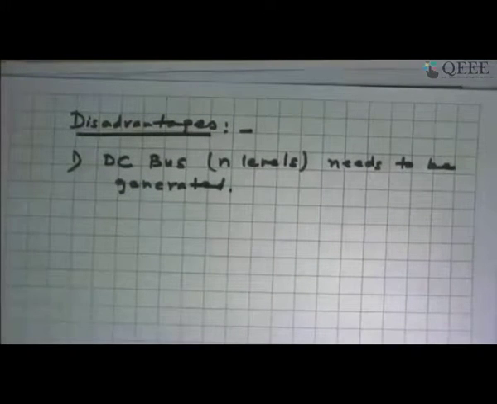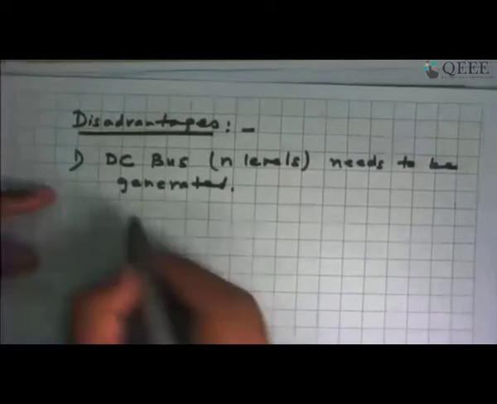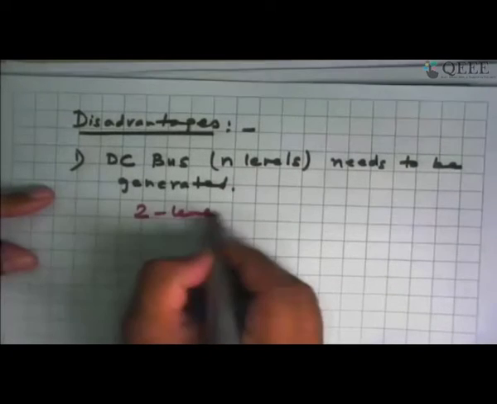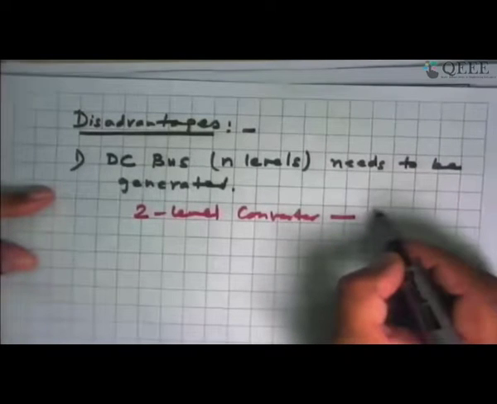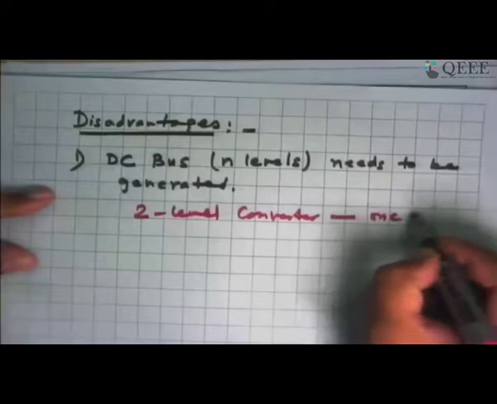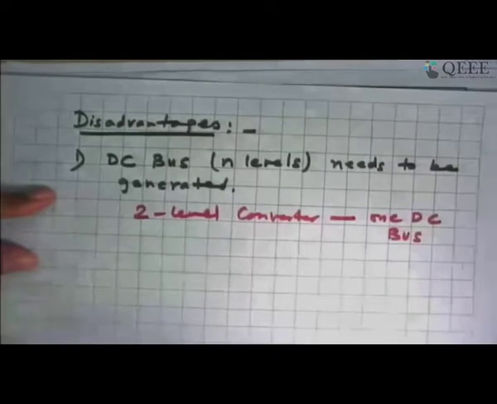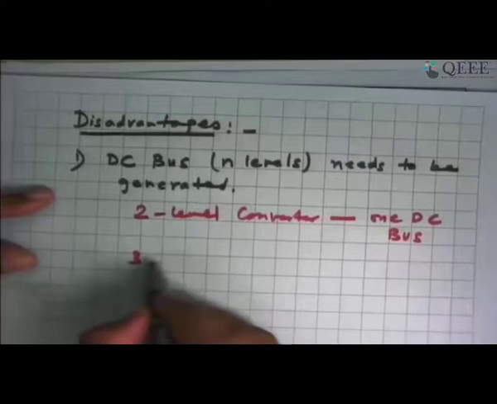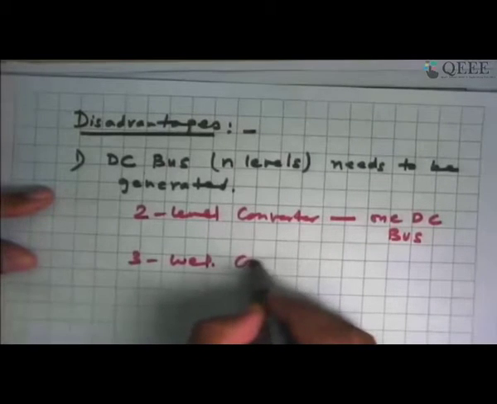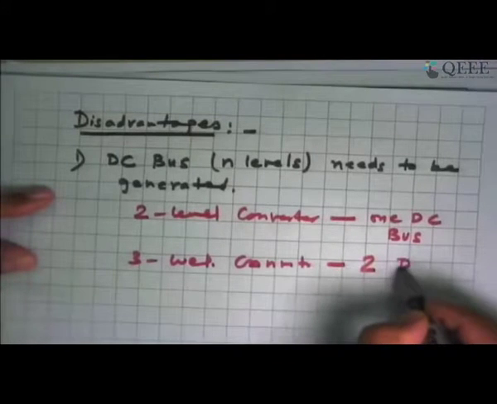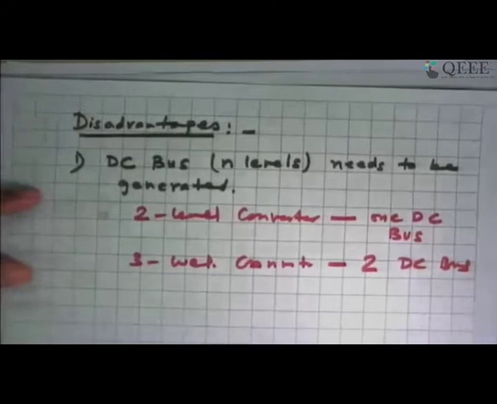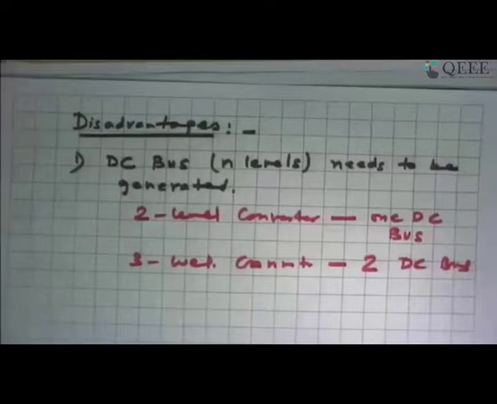So let's say for a 2-level converter, if you go for a 3-level converter, you have to create 2 DC buses. And you have to regulate these 2 DC buses.